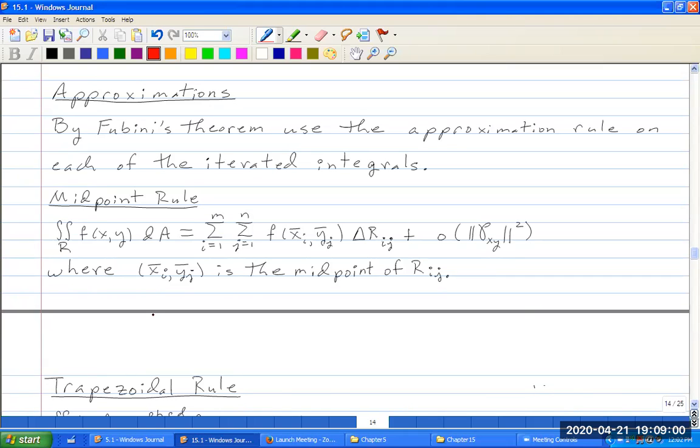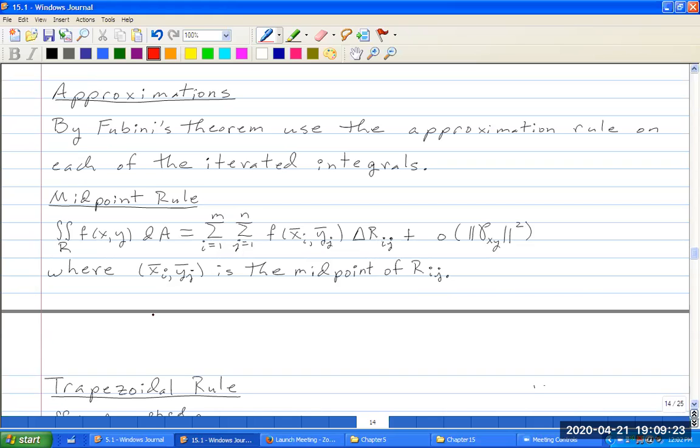Approximations. By Fubini's theorem, we can use the approximation rules that we had for calculus 1. Oh, and I guess they were actually in calculus 2, that you saw in calculus 1 and calculus 2.